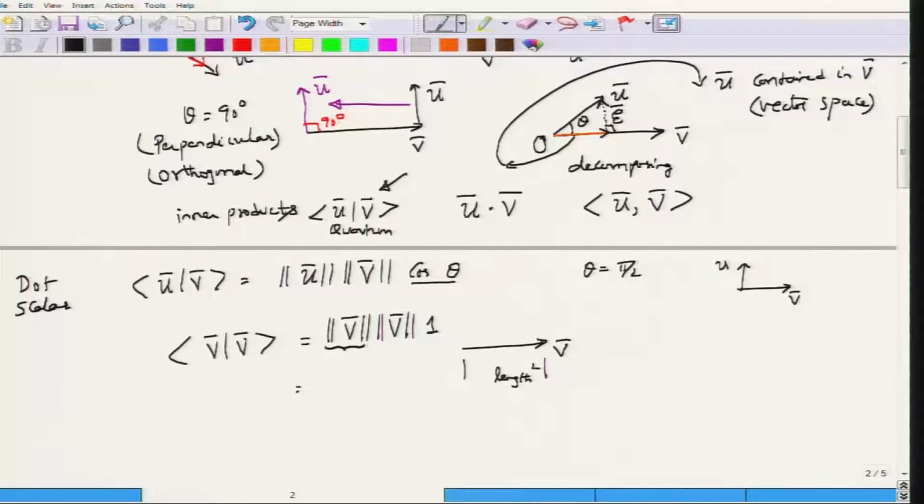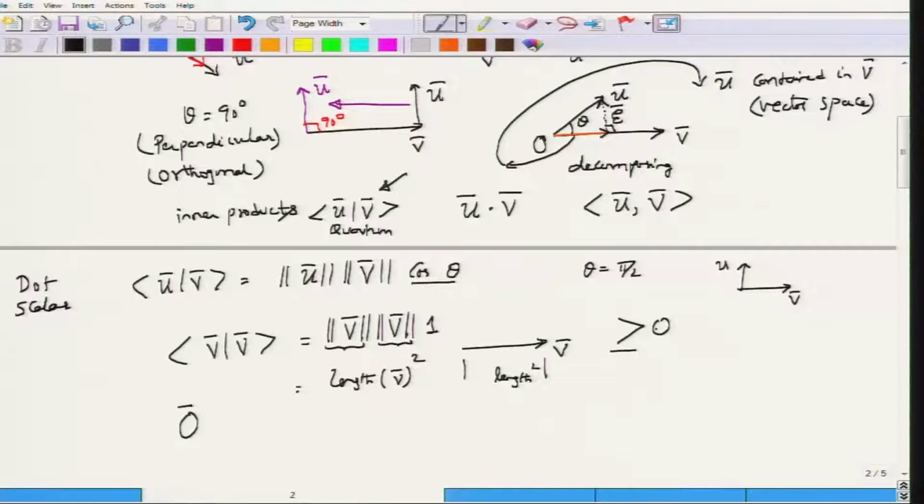So, what I get is the length of the vector squared, and this quantity would always be greater than or equal to 0. When will this be equal to 0? When the special vector known as the 0 vector or the null vector is involved. Otherwise, this magnitude would always be greater than 0.